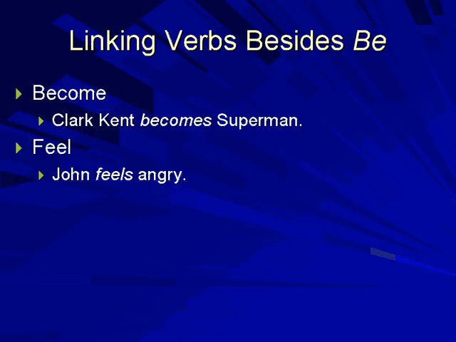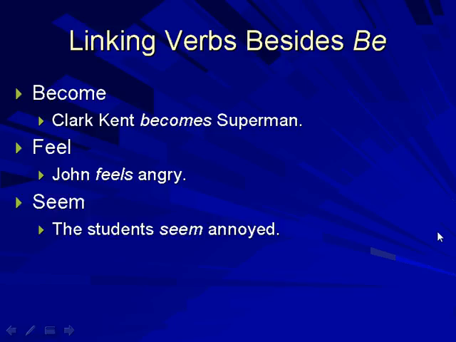Another one would be feel, as in this sentence, John feels angry. Or seem, as in this sentence, the students seem annoyed. The litmus test here, folks, in determining whether these words are action verbs or linking verbs, is just substitute the verb with a be verb form and see if it makes sense. John feels angry.